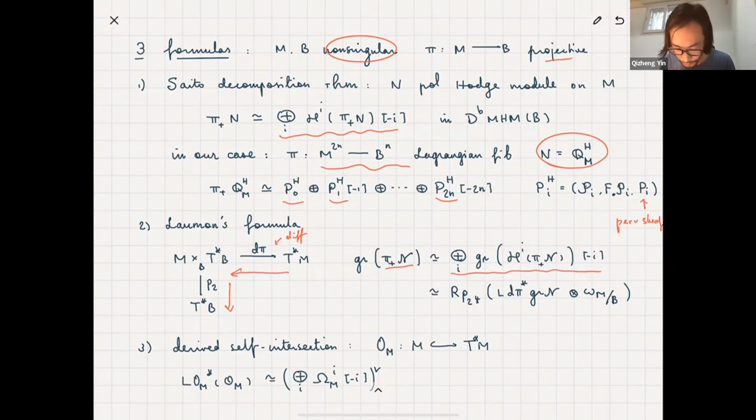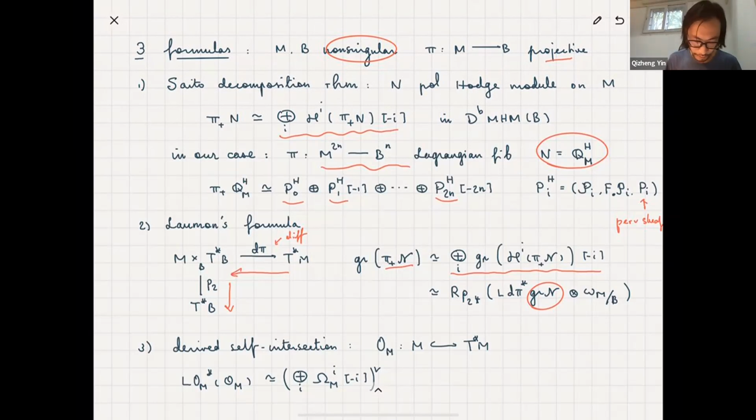So first of all, you take the graded of N, you pull it back in the derived sense via the first arrow, and then you tensor with the relative canonical sheaf to fix some issue with duality, and then you push it forward again in the derived sense to T star of B. That's how you compute the graded of the push forward.